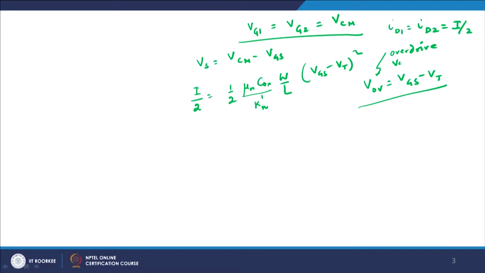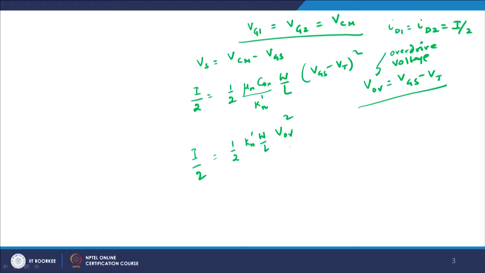Therefore, I can replace this and write half Kn prime into W by L into V overdrive whole square, equals I by 2.